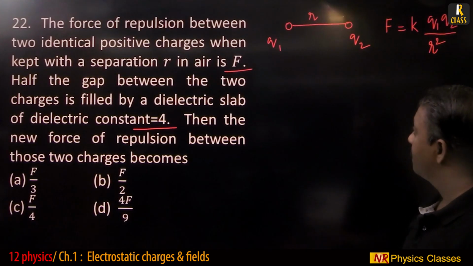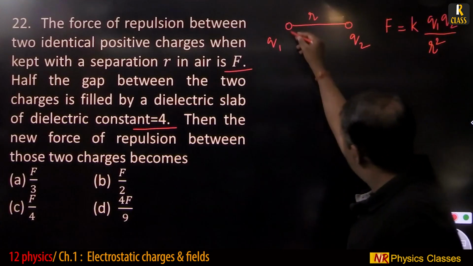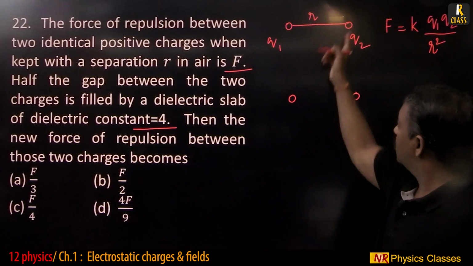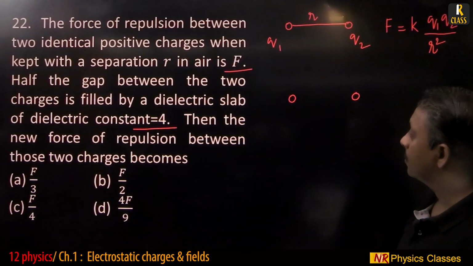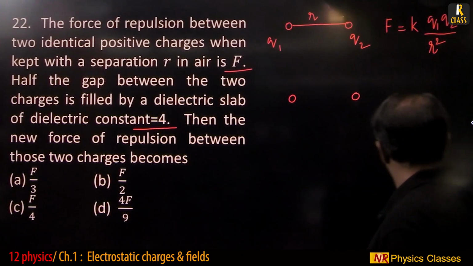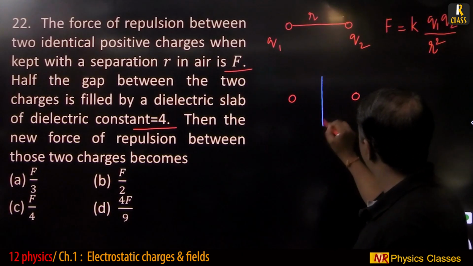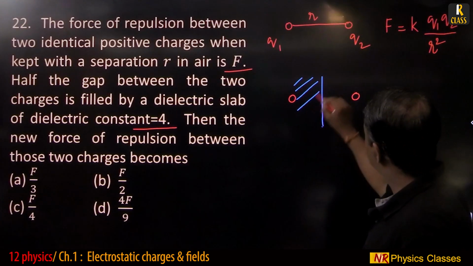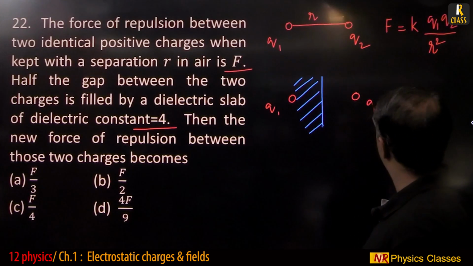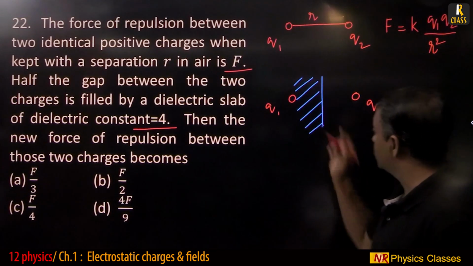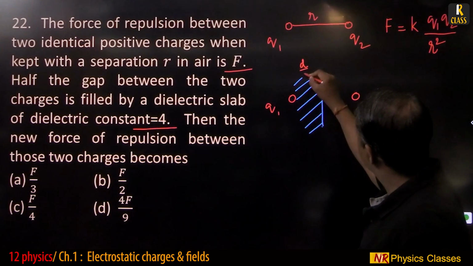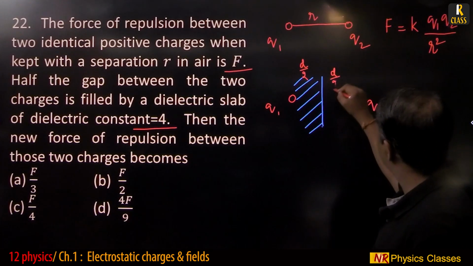No issues, right? Now, these same two charges separated by the same distance. Half of the gap is filled with dielectric constant 4. So this is half of the gap, this gap is filled with the dielectric. These two are the charges Q1, Q2. Let the thickness be d by 2, and the remaining is also d by 2.